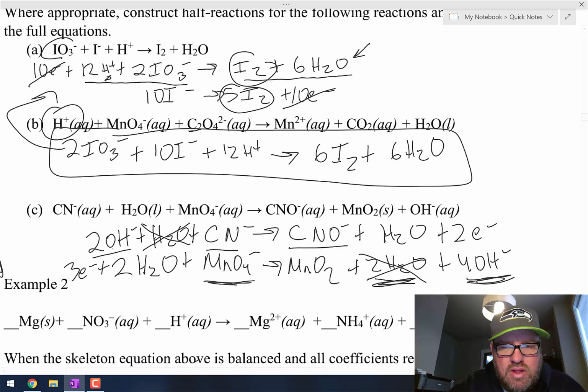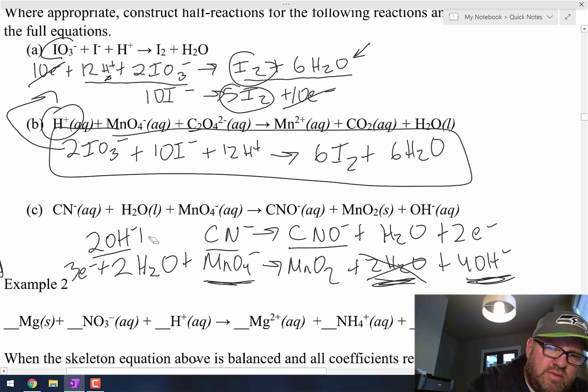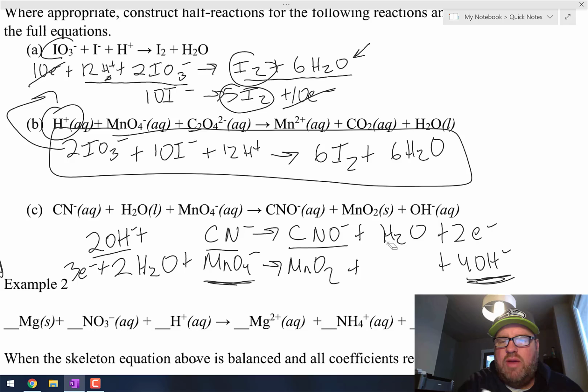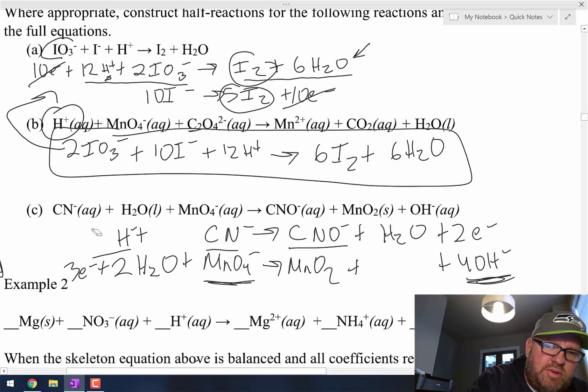So now, let's keep going. Okay, remember, these waters here are gone. We cancel those out just to kind of get rid of them. Give us a little more room. Okay, so now we need to get those electrons the same, so we need to get to 6. So that means in our top equation, we're going to triple everything.